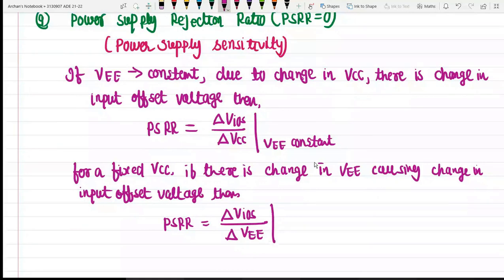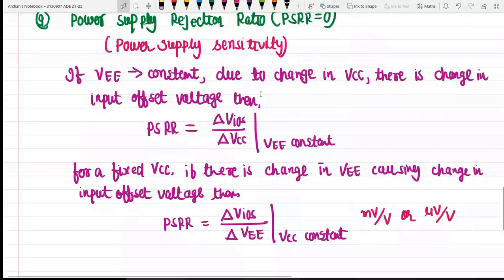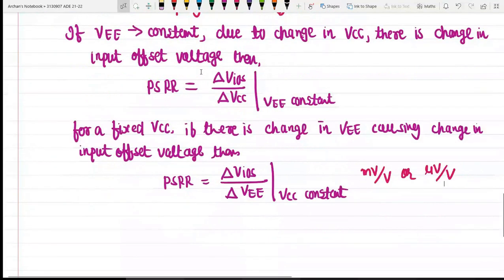Okay, so generally these are expressed as millivolt per volt or microvolt per volt. Okay, and ideal value, as we have seen, is equal to 0.